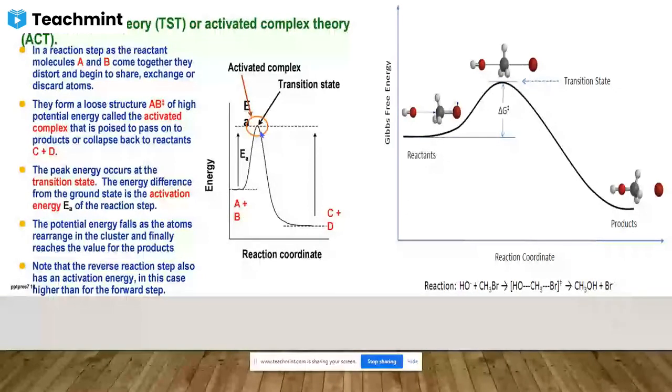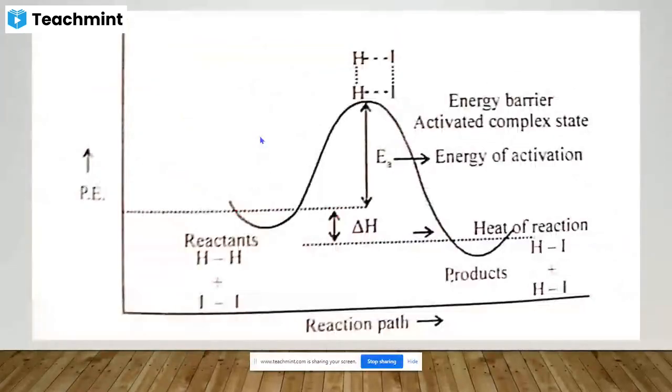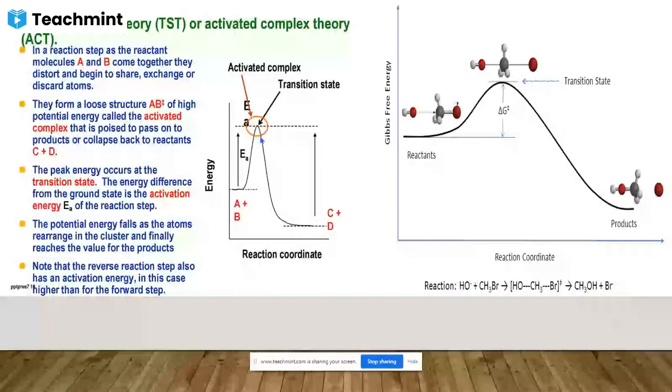In the reaction step, as the reactant molecules A and B come together, they begin to share and exchange or discard atoms. They form a loose structure of A plus B of high potential energy called the activated complex, which is important to form the product, that is C plus D.